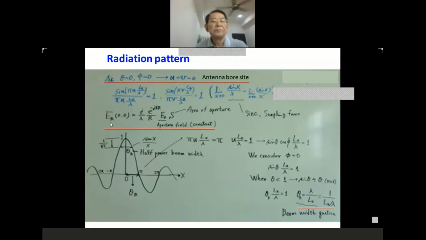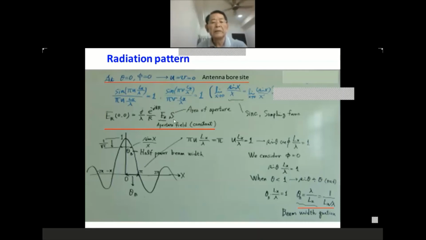So at the boresight, this is called the antenna boresight in the center section, it is expressed very simply. The antenna aperture size S is Lx and Ly.